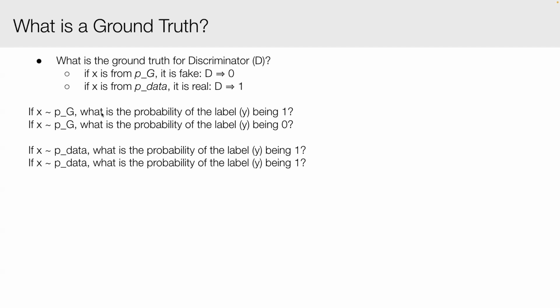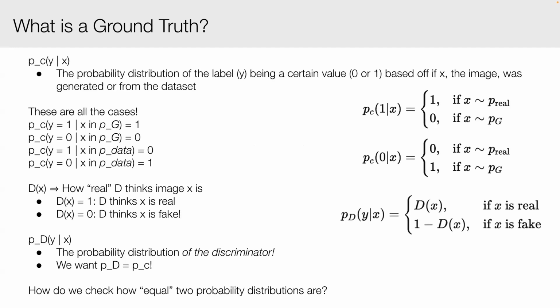We sample an image from P of G, is it real or not? No, right? So if we were to write this out, we have 4 cases, right? What's the probability of us labeling something that's fake as real, something that's real as real, something that's fake as real, and so on and so forth. Right? 4 cases.